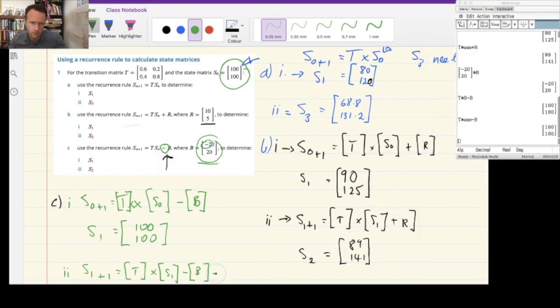Surprise, surprise. So S2 is equal to that right there.